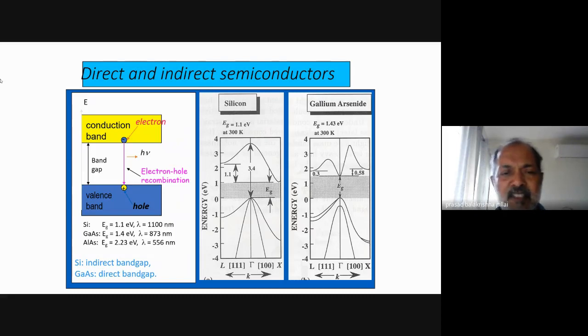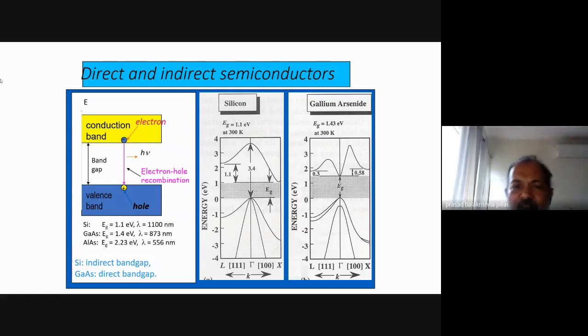Because there are restrictions on the transition in the indirect band gap semiconductor, because in physics, for any transition to take place, your momentum and energy have to be conserved together. In the case of a direct band gap semiconductor, since it occurs at the same k value, both energy and momentum can be easily conserved.